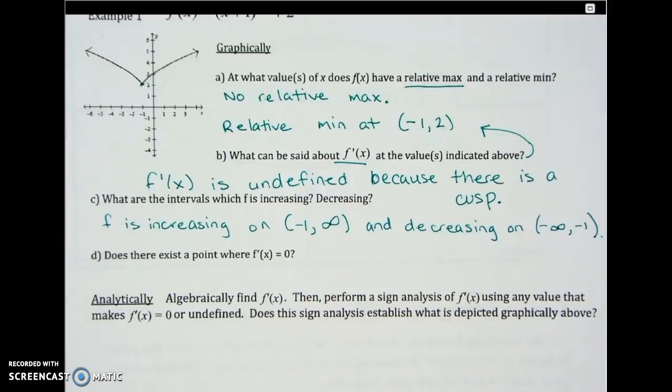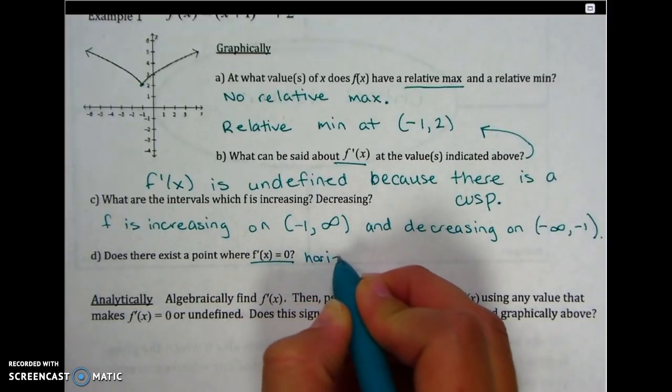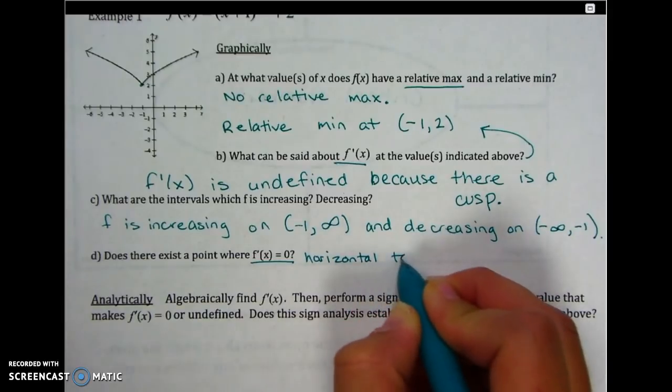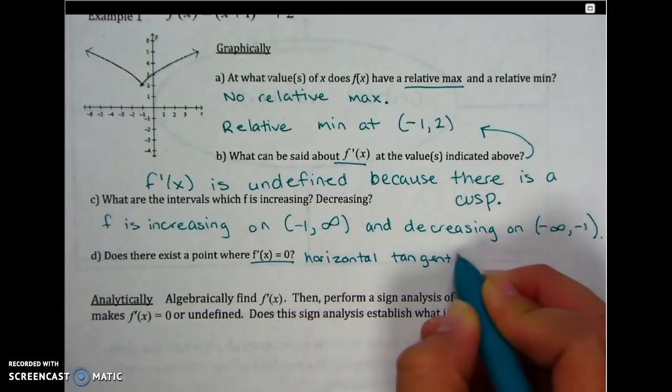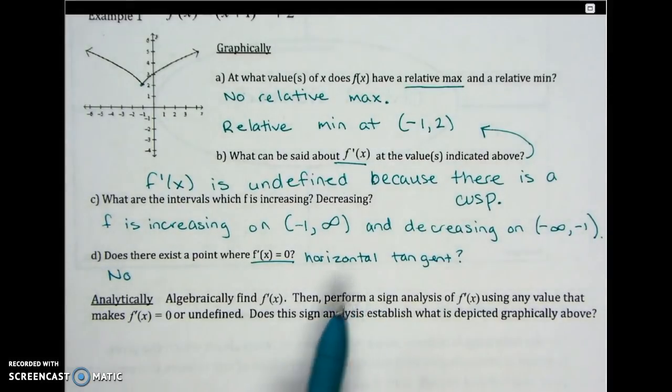But on this graph, is there anywhere where the derivative is equal to 0, which means a horizontal tangent line? No. So there's no max and no min like the max and mins that we know and love, the beautiful hill or the valley. There's a minimum, but it's a cusp. You agree? And the cusp means the derivative is undefined. So there's no horizontal tangent line, only the cusp.